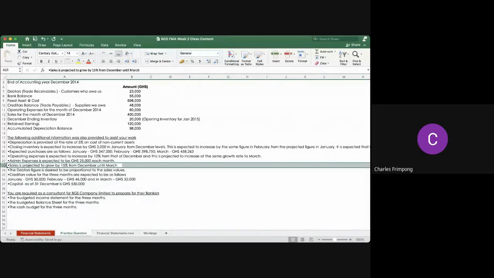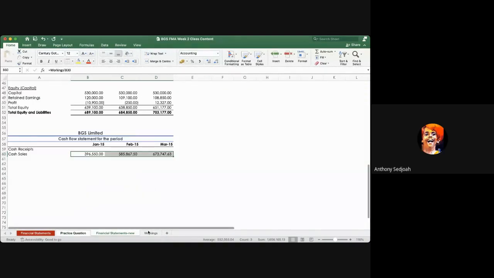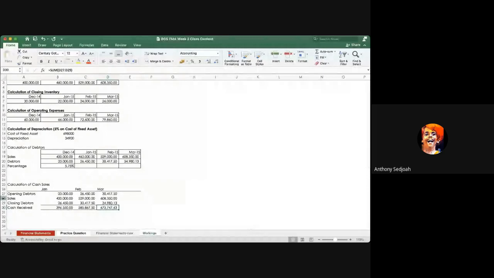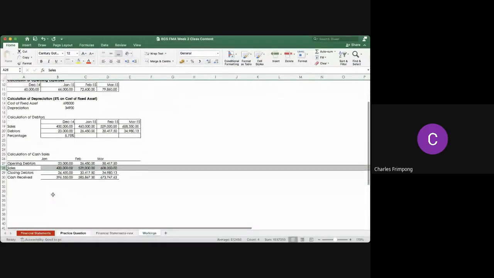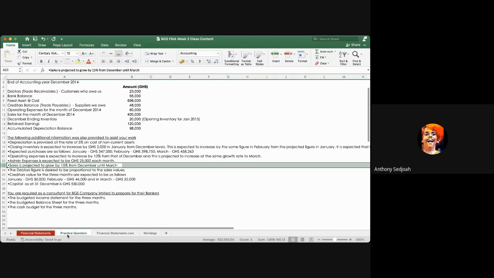Does that have an effect on the cash flow? That's the sales that we used over here when calculating. Yes, it is sales, but we don't know whether it is cash sales or credit sales. Okay, so aside from that, I don't think there's any other inflow of cash.